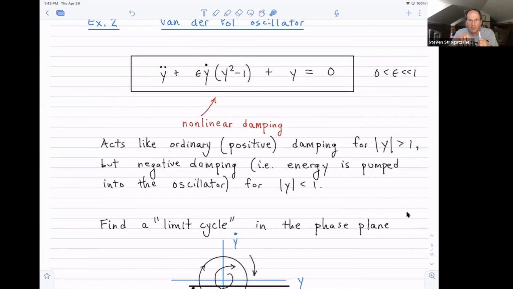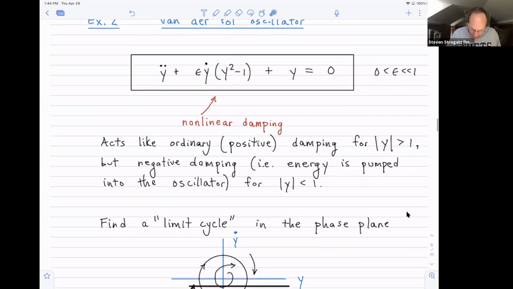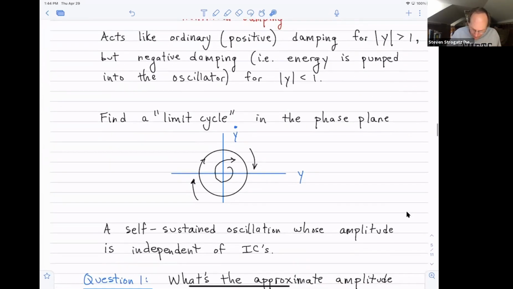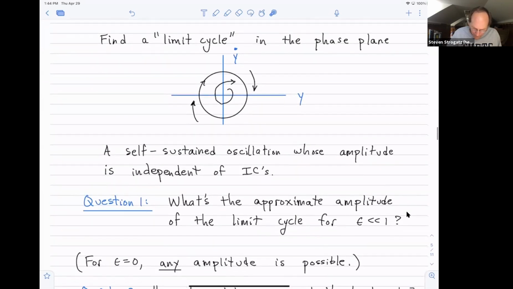I mean, that's a mass on a spring with no damping. You can have a big oscillation or a small oscillation, and it'll go on forever, if there were 0 damping, no friction. So the damping being absent completely means that the amplitude is undetermined, whereas somehow this system knows what amplitude to have, even for epsilon arbitrarily close to 0, as long as it's not exactly 0.